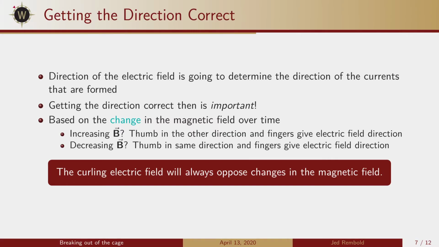Okay? You can almost attach a colloquialism to it, in the sense that nature abhors changes in this case. So if you start trying to change the magnetic field, basically nature doesn't like that, and it tries to induce this electric field that's going to oppose that change.